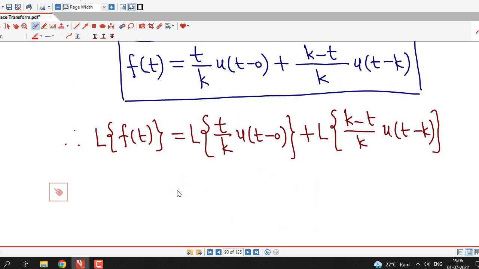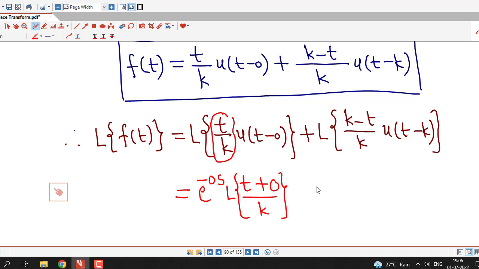So for the first part, the value of a is 0, so we write e raised to minus 0 into s, and in this function we have to replace t by t plus 0. So for understanding we are writing it in this way, t plus 0 divided by k, and we have to find the Laplace transform of this. Same thing we apply here.